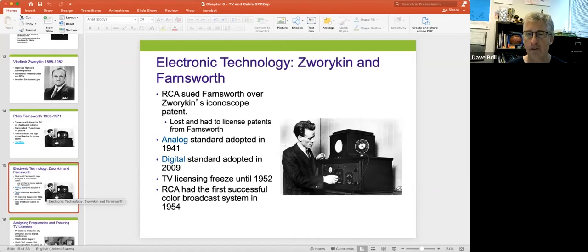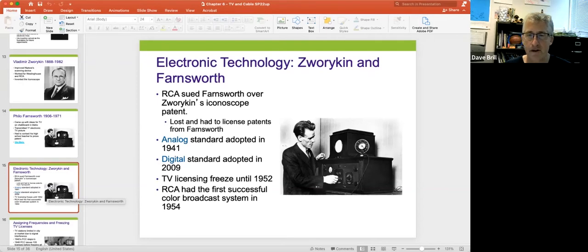In the early parts of television's development, television licenses were being put out there, and you had TV stations going up and their signal was interfering with other TV stations. So the FCC had to step in and issue 100 licenses, and then later froze those licenses until 1952.